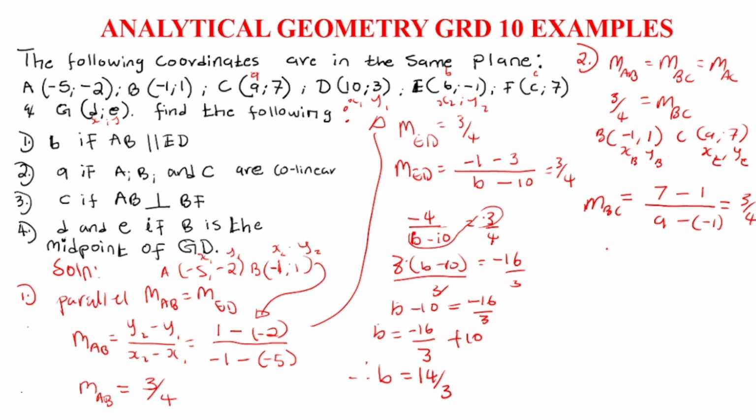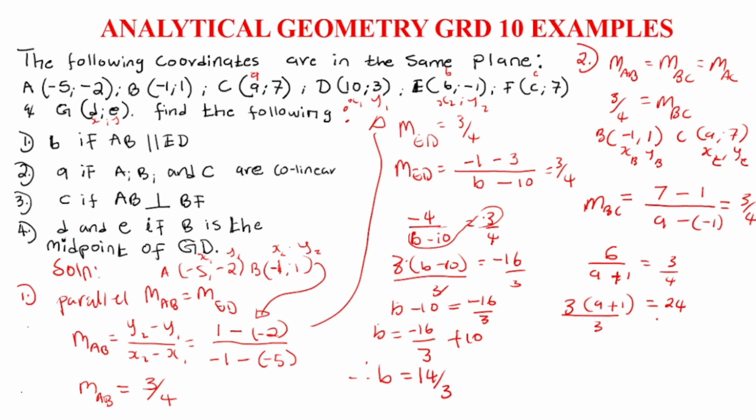So now after substituting, we can simplify this: 6 at the top all over a plus 1 is going to be 3 over 4. Then we do cross multiplication like we did on the previous question. Cross multiply: 3 multiplied by a plus 1, and therefore 6 multiplied by 4 should give us 24.